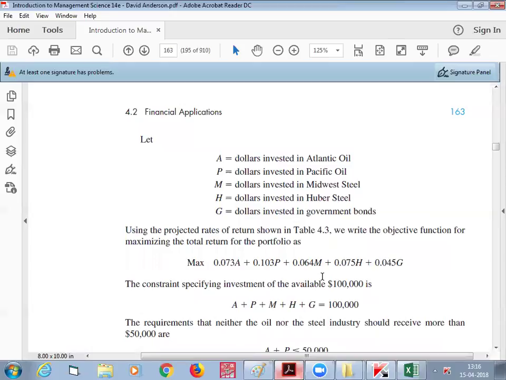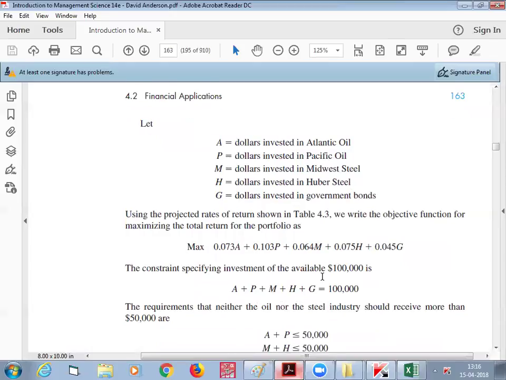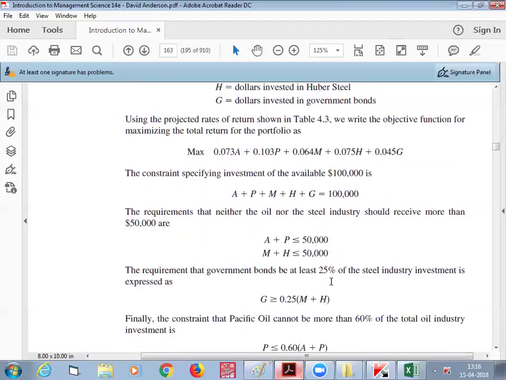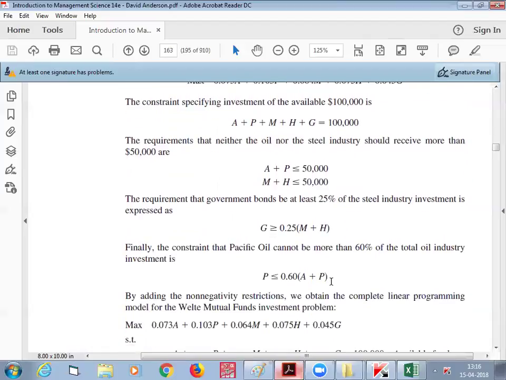Next we require that neither industry should receive more than 50,000. So oil is A plus P, that should be less than or equal to 50,000. Steel is M plus H, that should also be less than or equal to 50,000. Then government bonds should be at least 25% of steel industry investment.